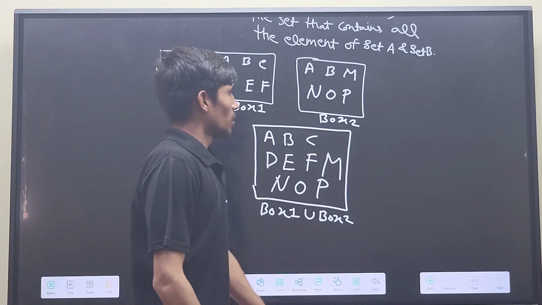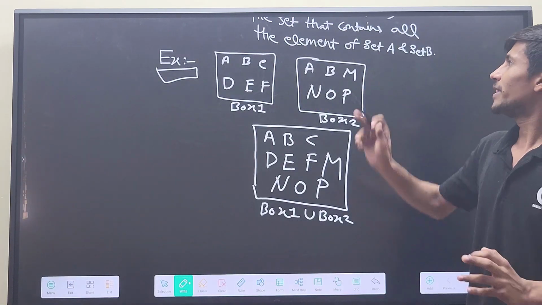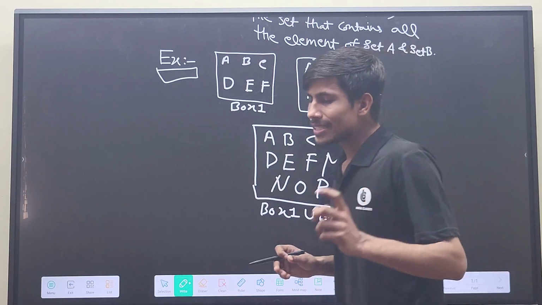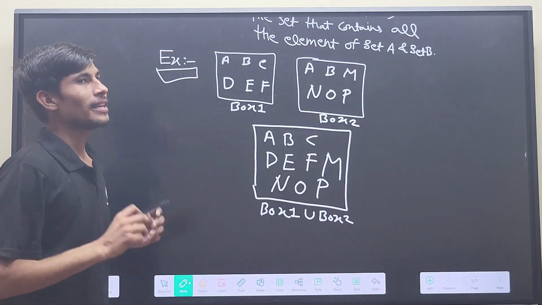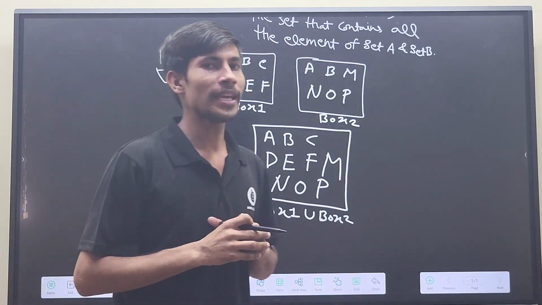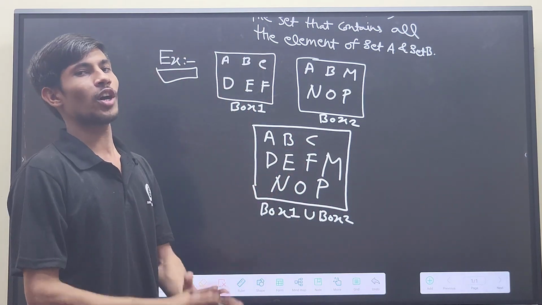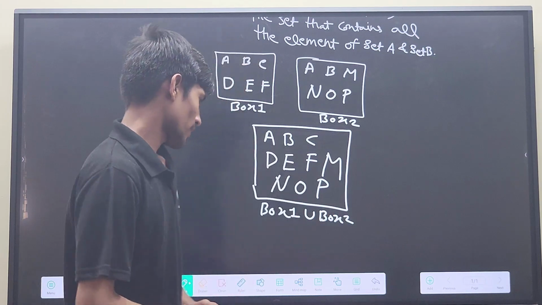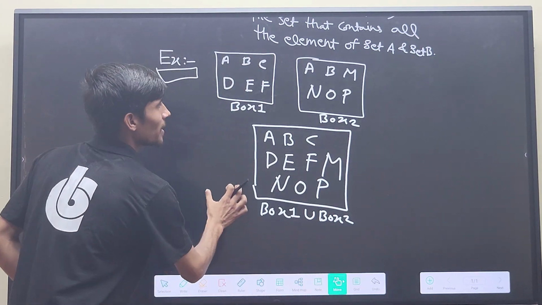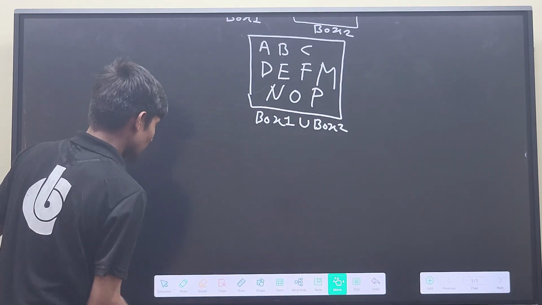Now, I hope this definition is clear. What is union of set A and set B? Union of set A and set B is the set which includes all the elements of set A and set B. Let me tell you how to represent the union of set.